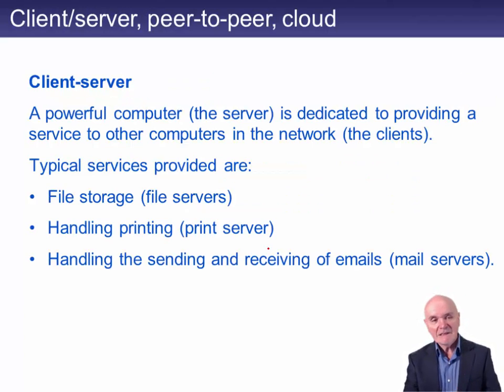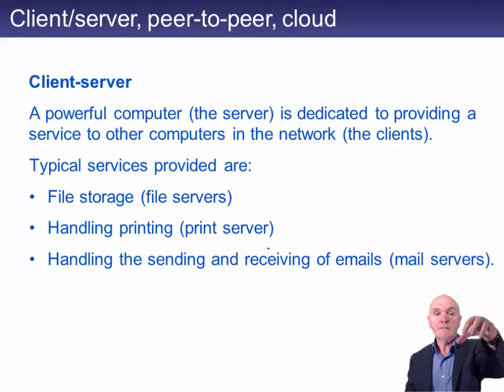Two slightly technical terms here: client server and peer-to-peer, and a third one, the cloud. What you have in a client server, for example on a local area network, is one powerful computer, particularly one with a lot of storage.